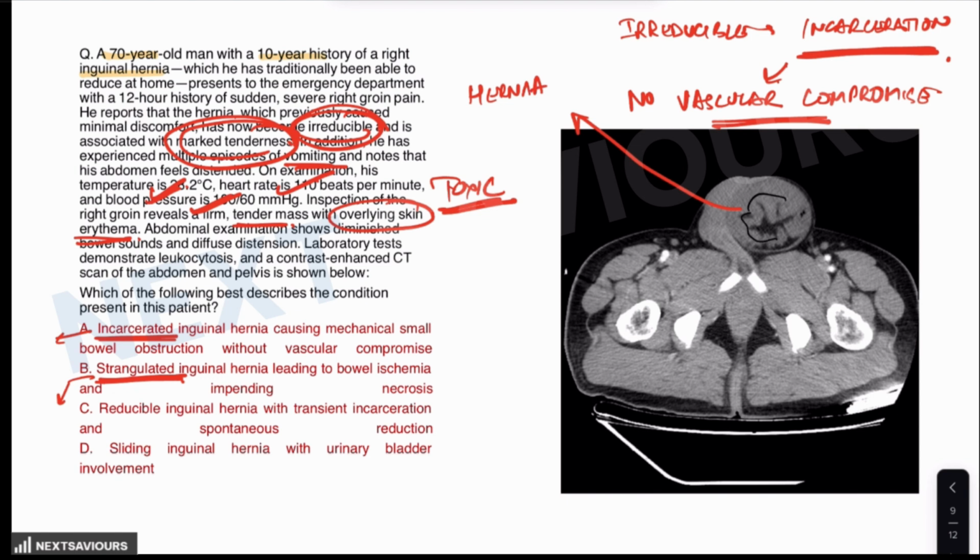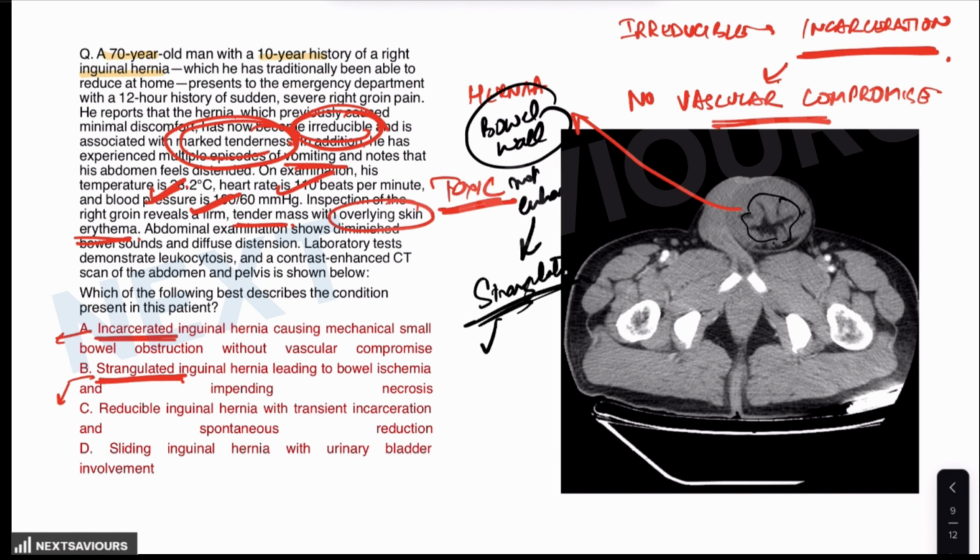This is the bowel, and moreover this is a contrast enhanced image, and the bowel wall here is not enhancing as it should. So that is the sign of strangulation or a vascular compromise.